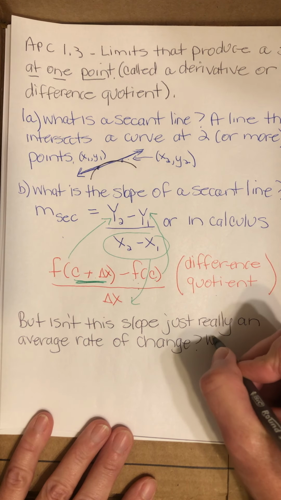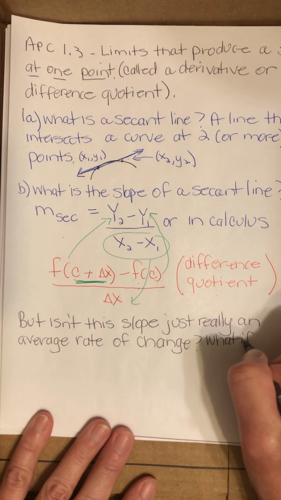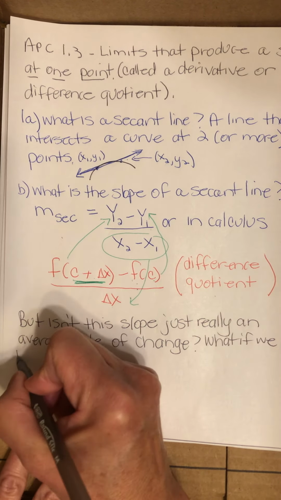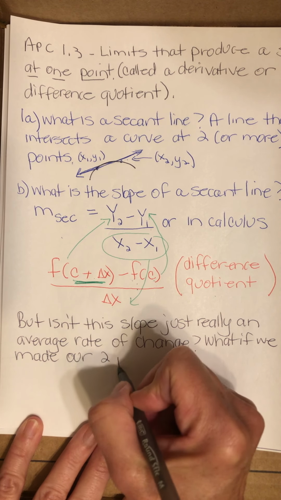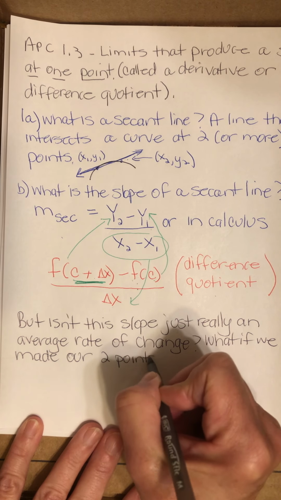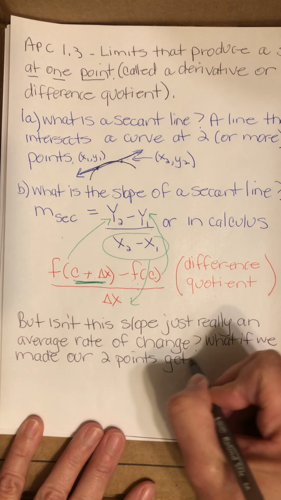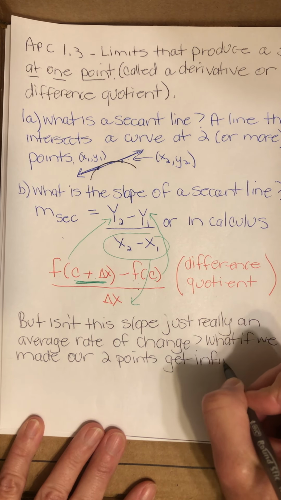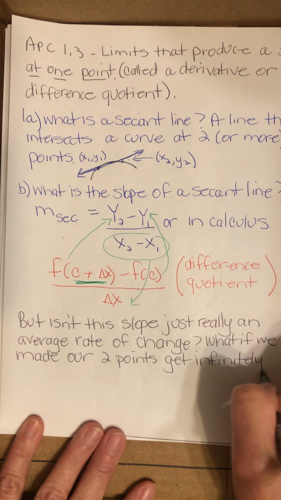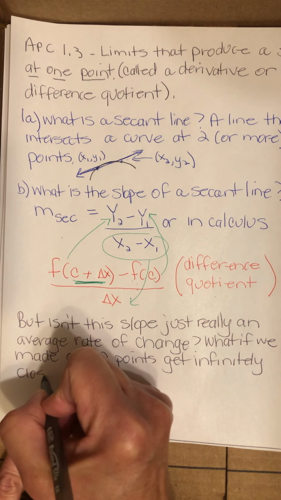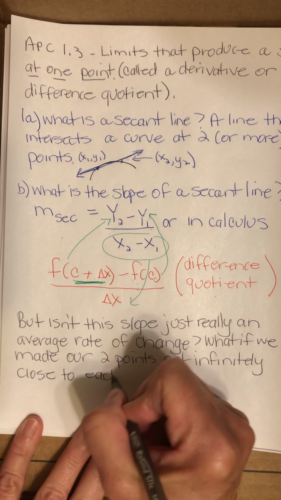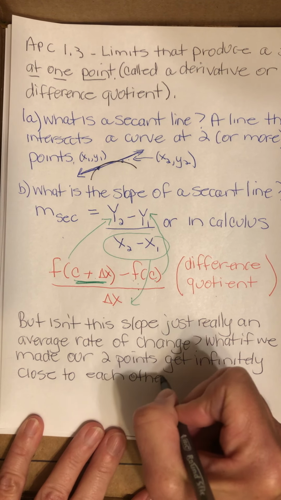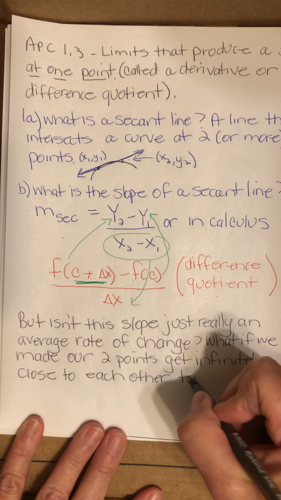What if we made our 2 points get infinitely close to each other, to be more accurate?